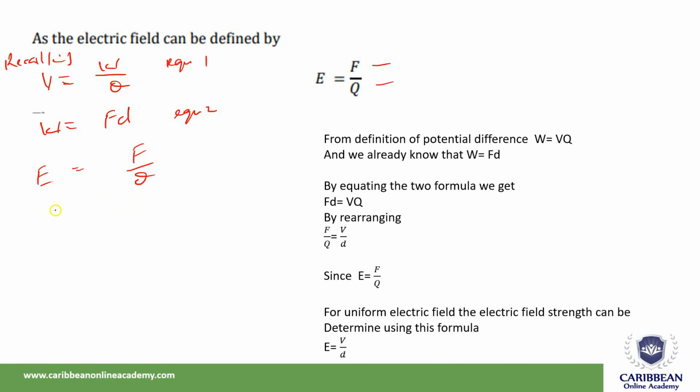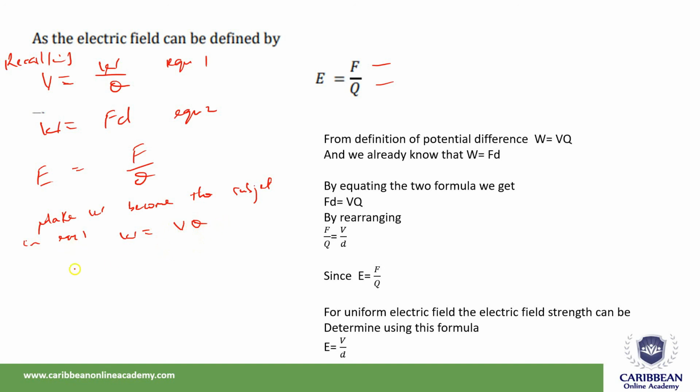If we go ahead and make the work W in equation 1 the subject, the work is now equal to the potential difference times the charge.